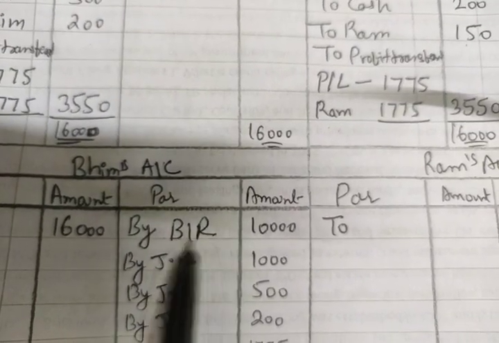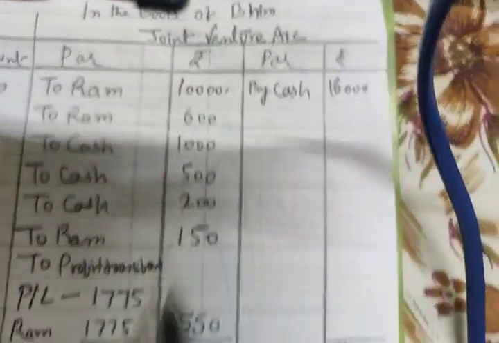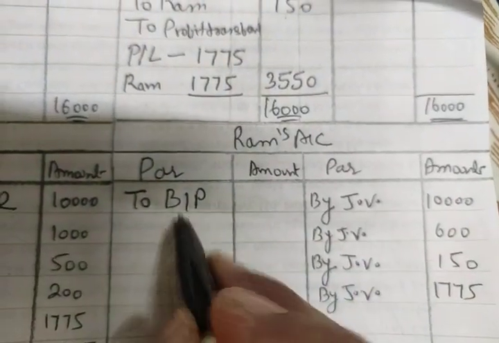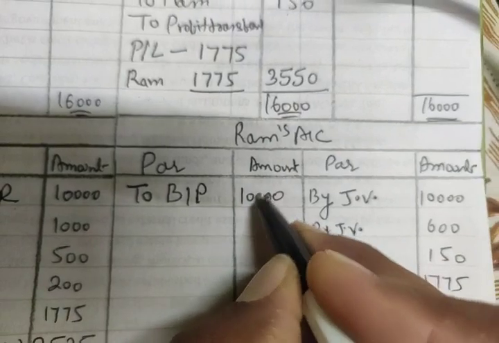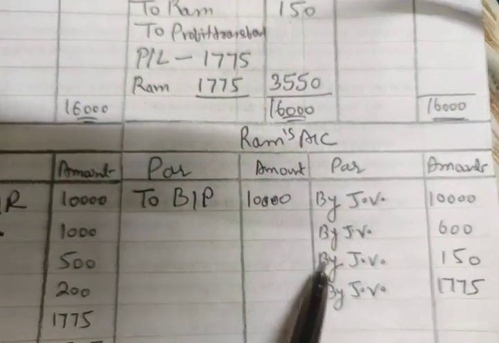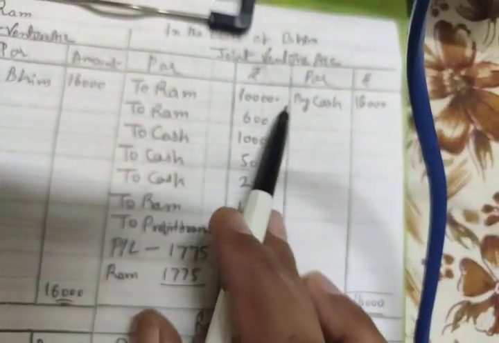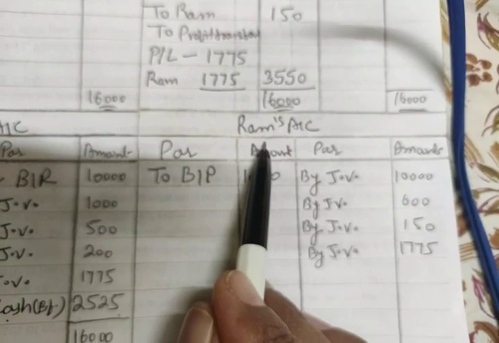Okay. Ram was supposed to receive a bill from Bhim, and now we are preparing in the books of Bhim. That means Bhim is supposed to make the payment of bills payable. Amount how much? 10,000. So that entry, okay, in Ram's account, that Bhim has to make the payment of a bill worth rupees 10,000 to Ram.